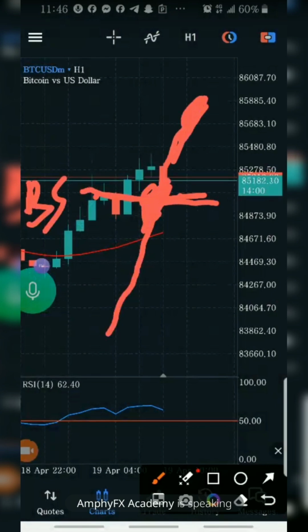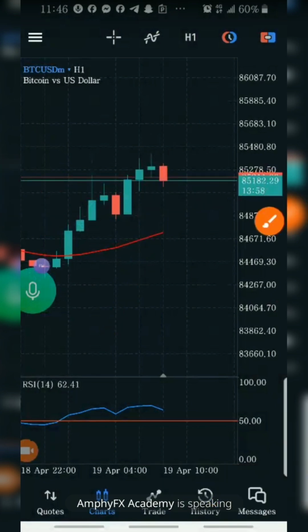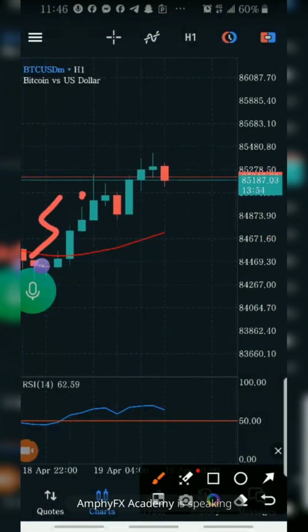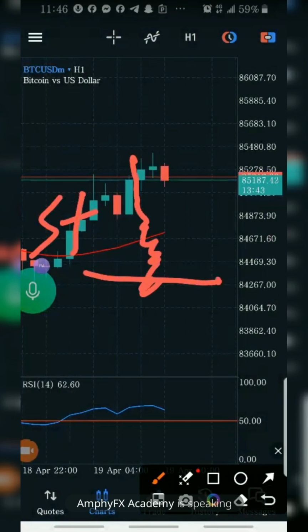Then there's what we call sell stop. Sell stop is always below the price. Meaning I want to sell the market and I'm expecting the market to what? Begin to fall. And if it reaches my sell stop, it will stop and pick my sell order and begin to sell. If it begins to sell, I'll be in profit.